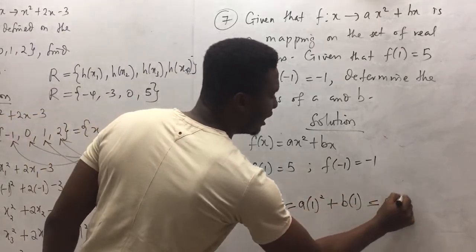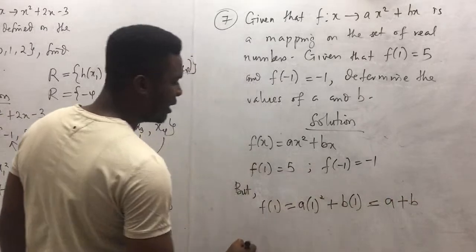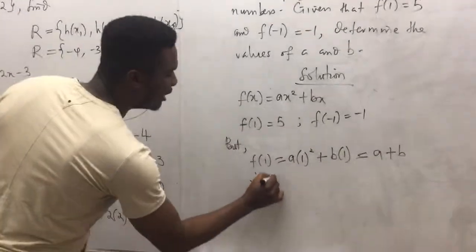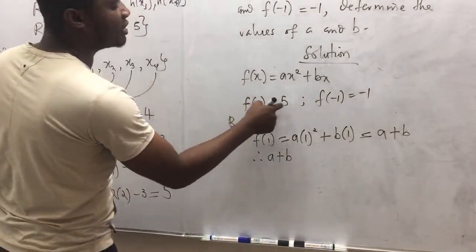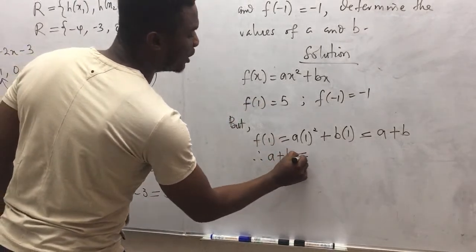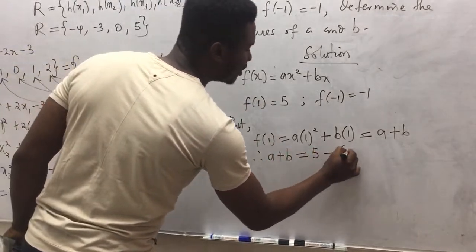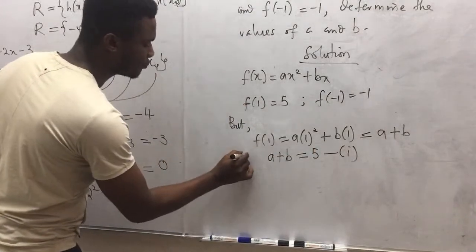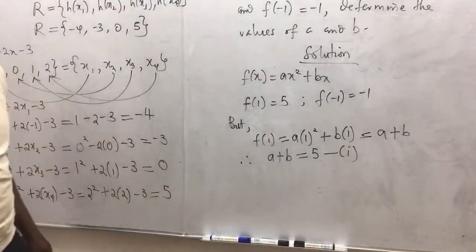So this will be a plus b. Therefore, since f of 1 is equal to 5, a plus b is equal to 5. I'm going to call this equation 1.